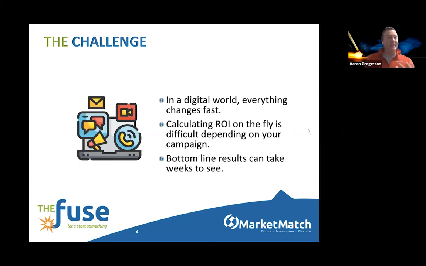It's not always that simple, especially when we're taking a look at things like loan campaigns, especially home equity or home loan campaigns. So it can be very difficult to calculate that ROI and make sure that our campaigns are achieving the goal that we have for them. And so with that, we need to find a way that we can overcome these challenges and then see a better outcome at the end of the game.